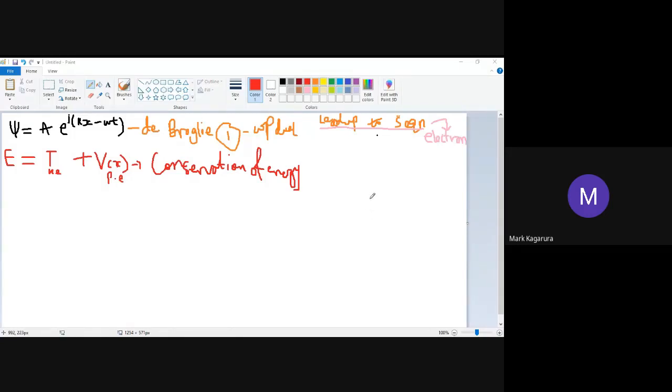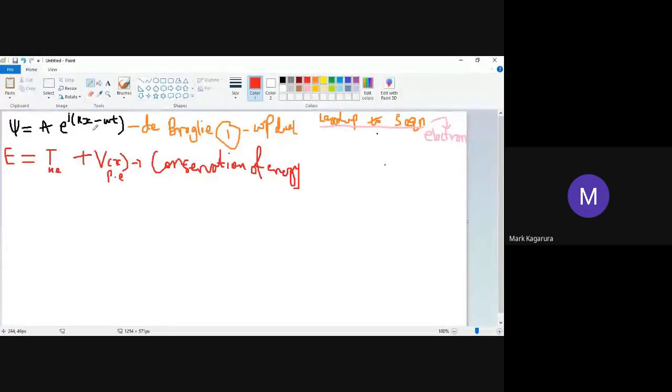Some of the terms we want are up here, so we'll find a way to get them to where we want. k is equal to 2 pi over lambda, and omega is 2 pi nu, or 2 pi f. Nu is frequency.